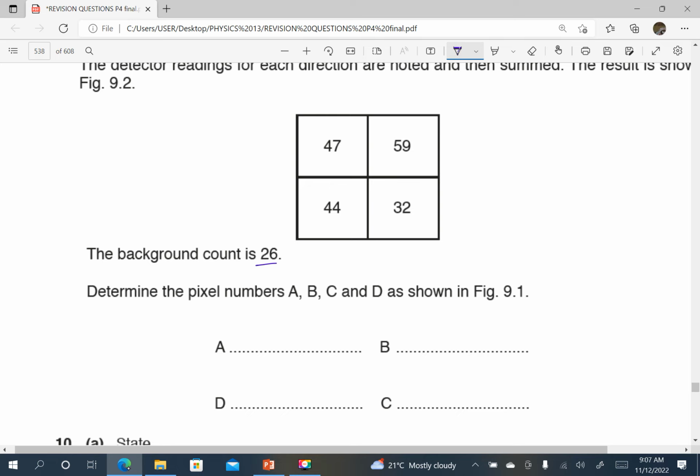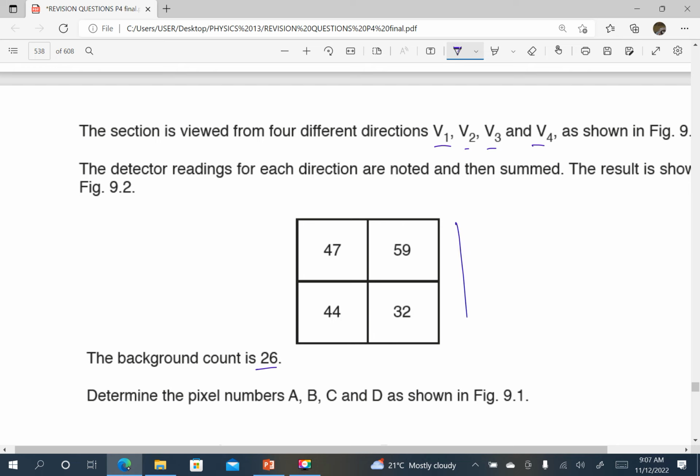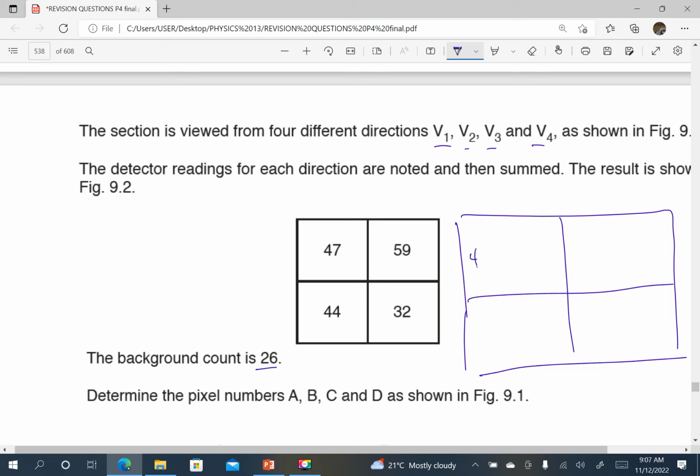Determine the pixel numbers A, B, C, and D. So we have to move backwards to the original pixels A, B, C, D. So I will draw a simple table. For 47, I will subtract the background and divide this by 3, since 3 more views have been taken. For 59, I will subtract 26 and divide by 3. For 44, I will subtract 26 and divide by 3.